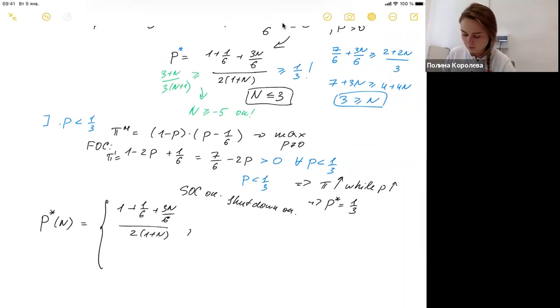This is true for number of competitive firms in the market less or equal than 3. And what if number of firms bigger than 3? What price we will charge, please, guys? What price we will charge if number of firms are bigger than 3?